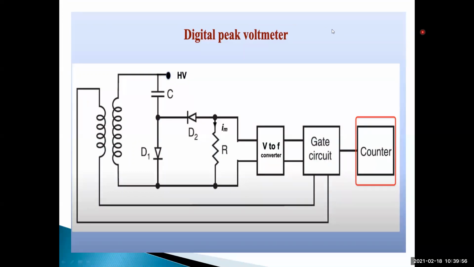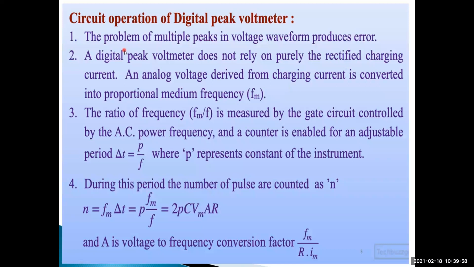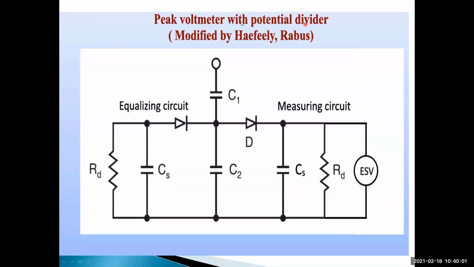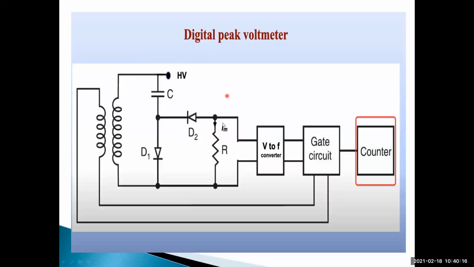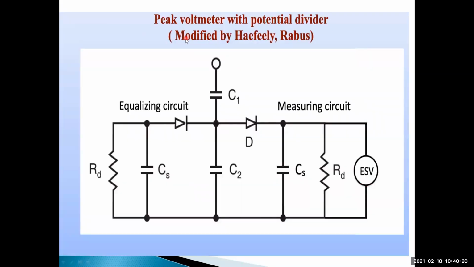It was modified by Haefely and Rabus, two scientists. The problems in the digital peak voltmeter can be overcome by using this peak voltmeter with potential divider.